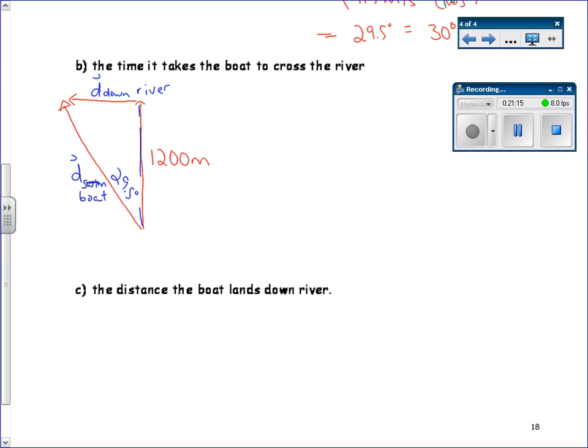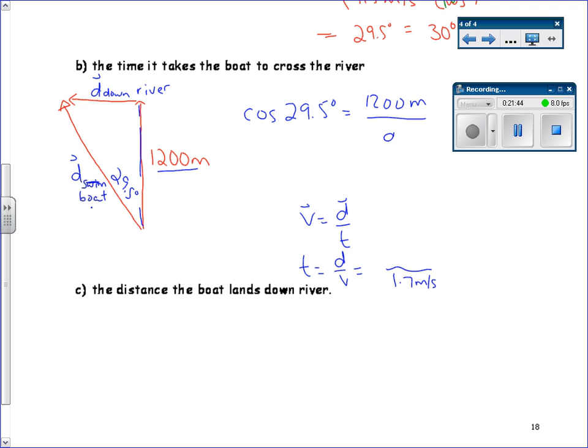So we want to use velocity as distance over time, right? Which will then, time will be distance over velocity, where we don't know the distance yet. We're going to use the velocity from part A, 1.7 meters per second, and we need to know what that distance is. So to find that distance, we know the adjacent side, and that distance is the hypotenuse. So cos of 29.5 degrees is equal to 1,200 meters divided by d.